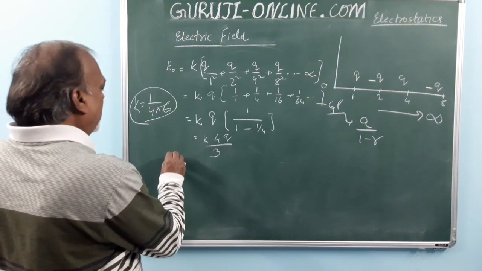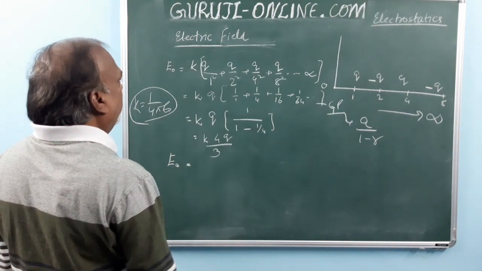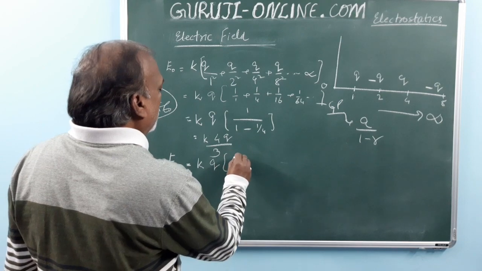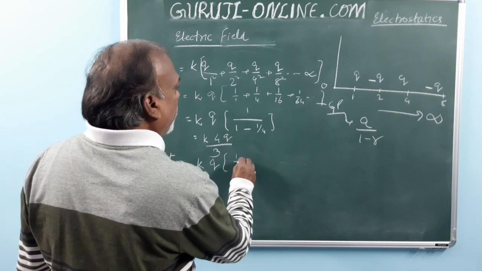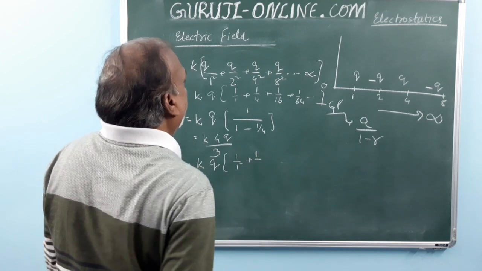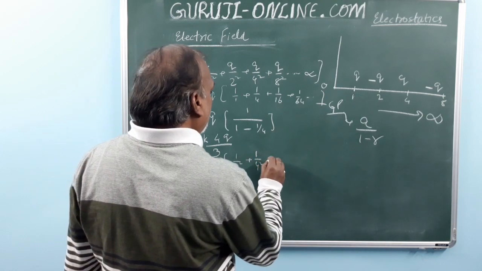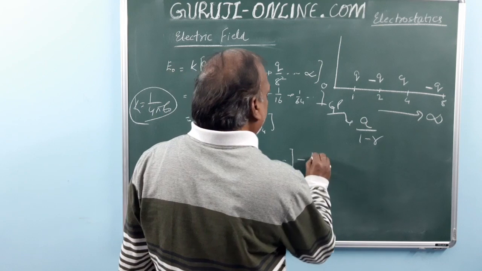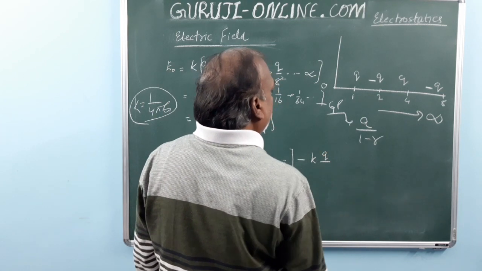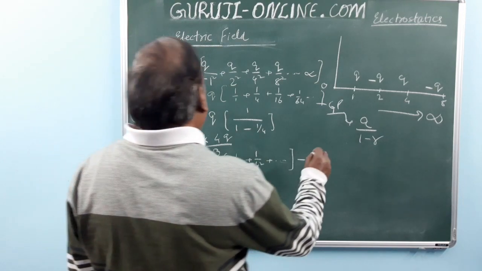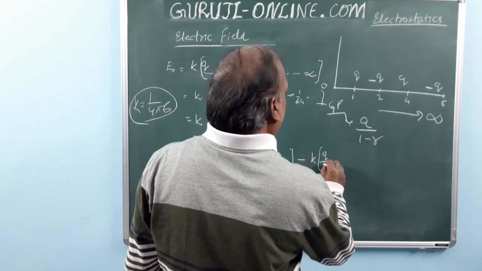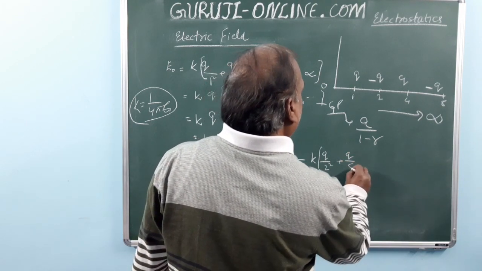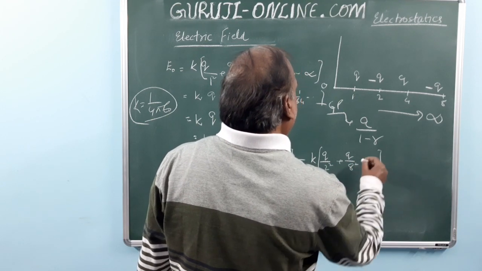So in that case, the field will be nothing but KQ times (1 by 1 square plus 1 by 4 square, like that) minus KQ times (1 by 2 square plus 1 by 8 square, like that).